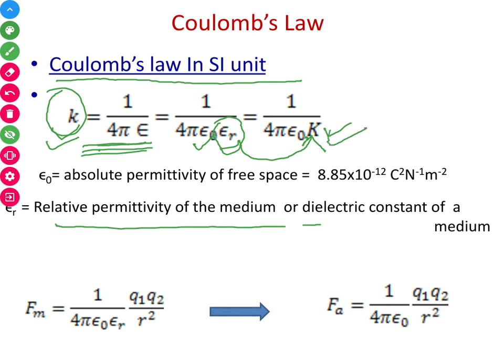Capital K is the dielectric constant, small k is the Coulomb's constant, and that Coulomb's constant is equal to 1 upon 4 pi epsilon, which is equal to 1 upon 4 pi epsilon naught epsilon r, where epsilon naught is the absolute permittivity of free space, and its value is 8.85 into 10 to the power minus 12.